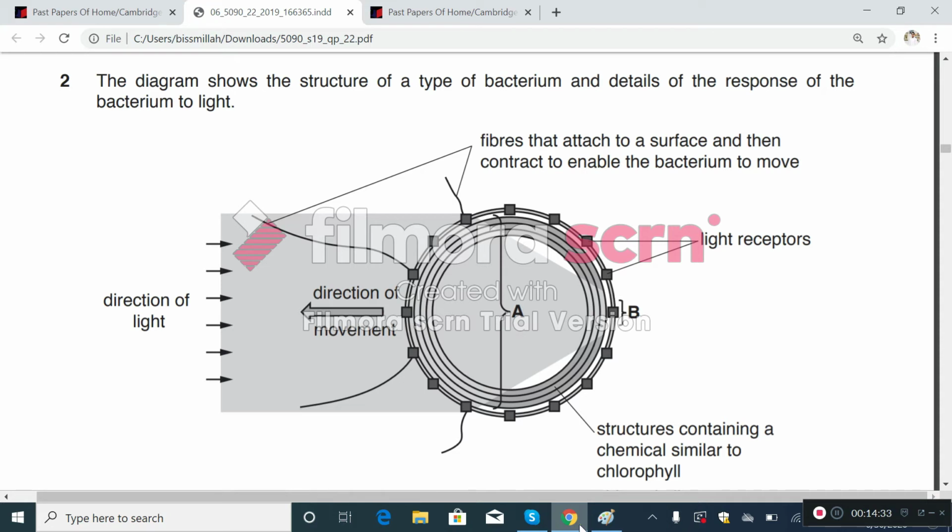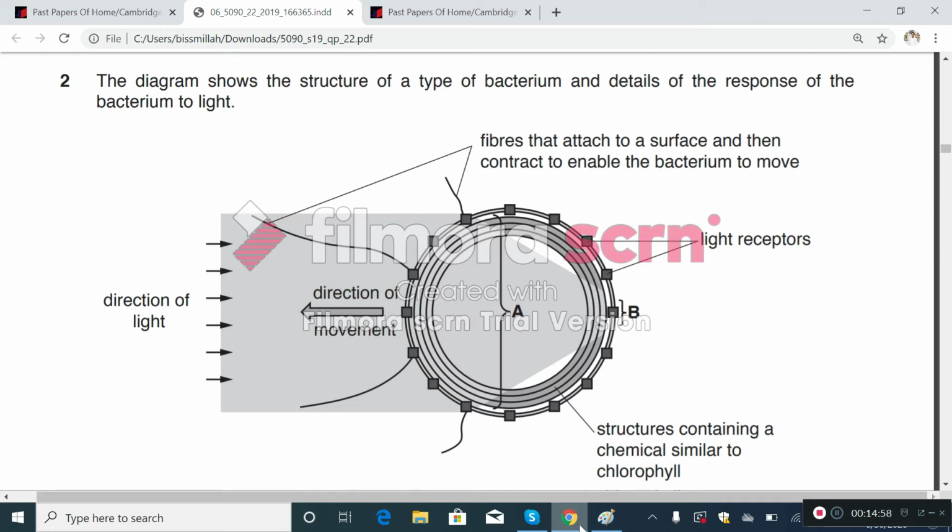So over here in this diagram, on left side of the diagram, direction of light is given. When light is given, definitely it will have something to do with photosynthesis. That is the first answer that will come to our mind. But let's see what is given in other labels.